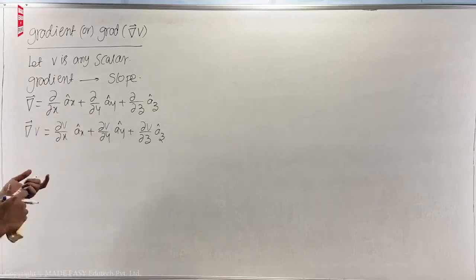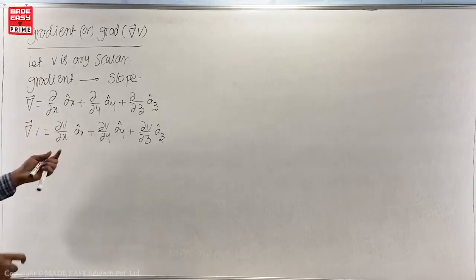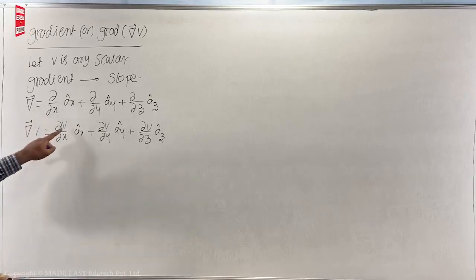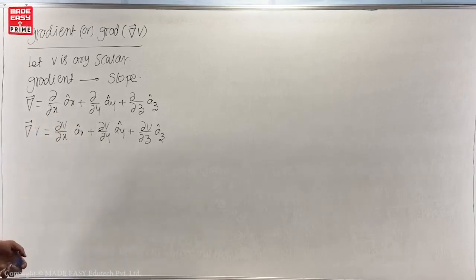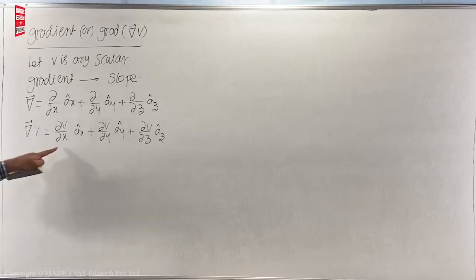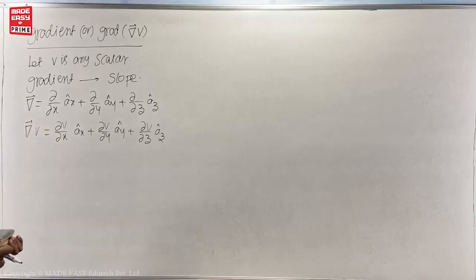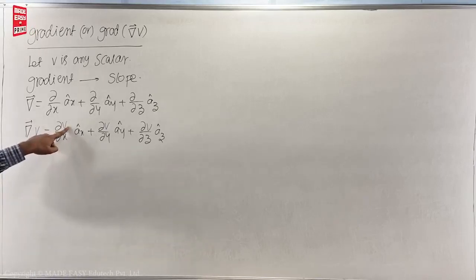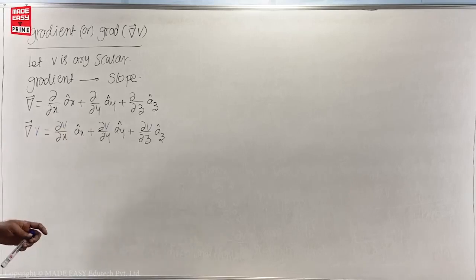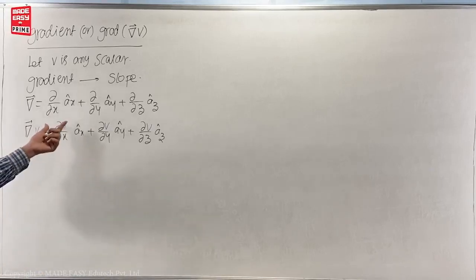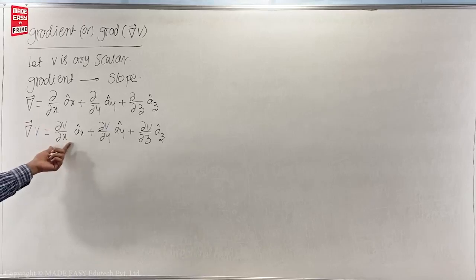Now what is this? Dou v by dou x means partial differentiation of v in x direction. It is also called as space rate of v with respect to x. Space means spatial variables x, y, z. Otherwise, rate of change of v with respect to x.